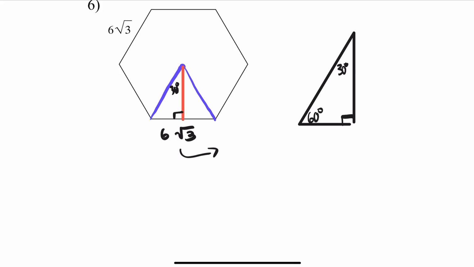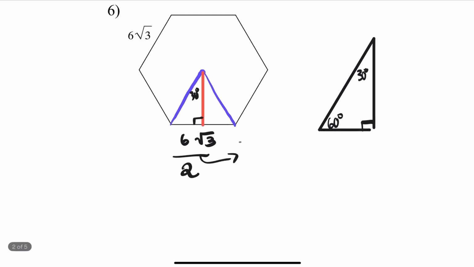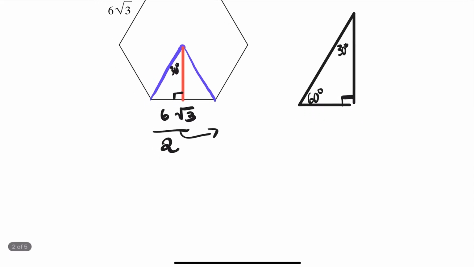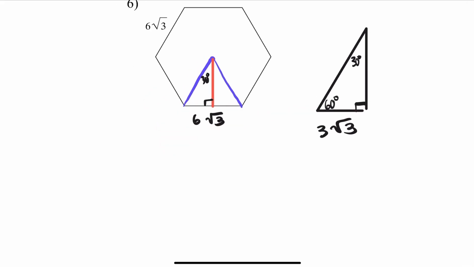Also, we need to recognize that this whole value of this base is not 6 root 3, but actually half of it. So I have to take this and divide it by 2, which gives me a value of 3 root 3. All I did was take this entire base and divide it by 2, so I can get this value over here. Cool, so now we can get to work.